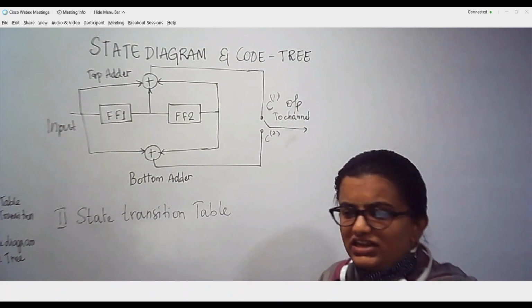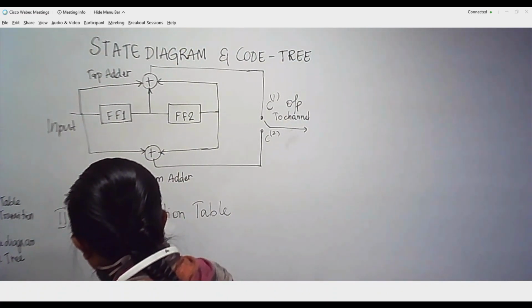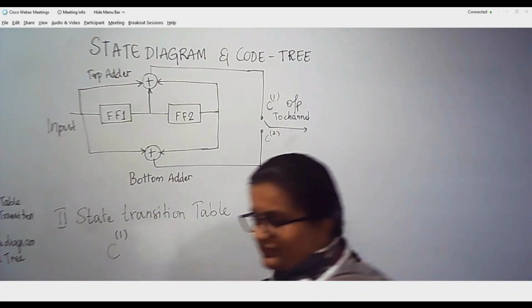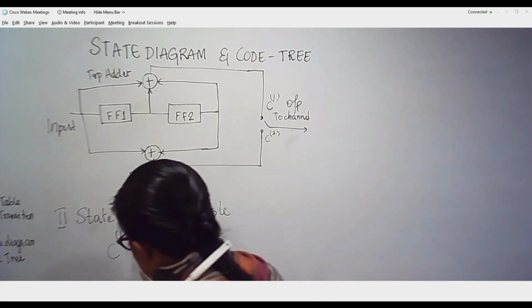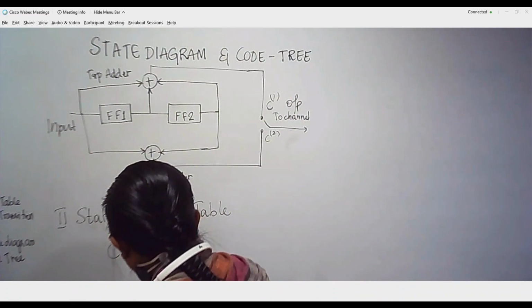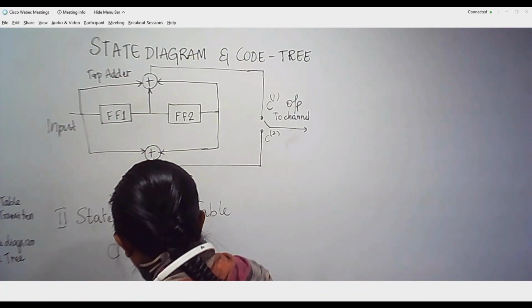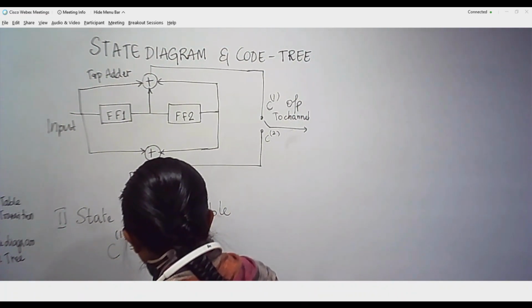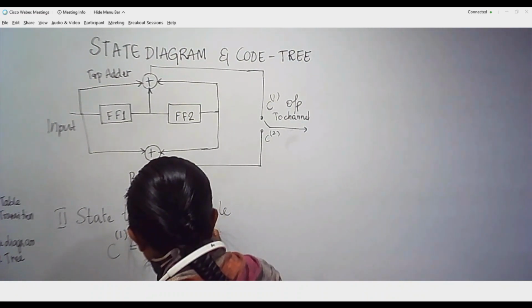For that, we will need the expression that we saw yesterday, that is C1 is equal to the sum of D(L minus i) into G_i of 1.